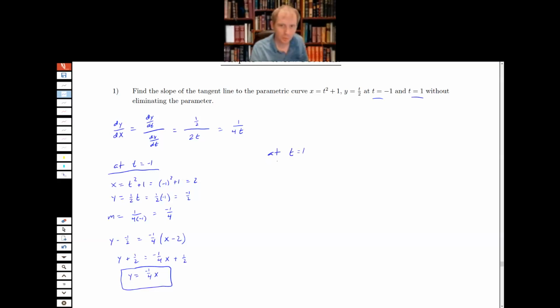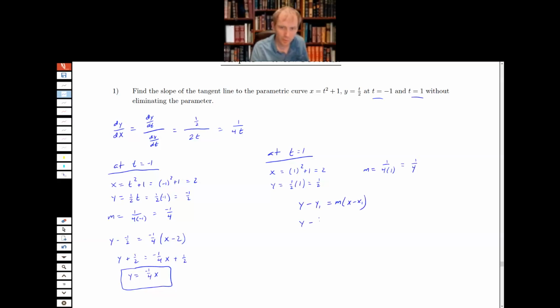So let's look at t equals 1. So x is going to equal 1 squared plus 1, which is 2. Y is a half of t, so I plug in half times 1, and I get 1/2. Okay, so that gives me my xy point. Then I'm going to find the slope. Slope is 1 over 4t, so when I plug in 1, I'll get 1 over 4 times 1, or 1/4. And now we use the point-slope formula to write down the equation of the tangent line.